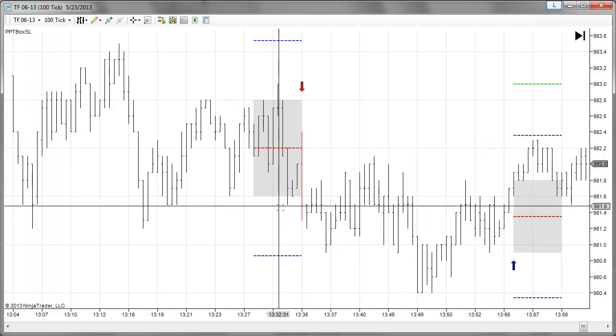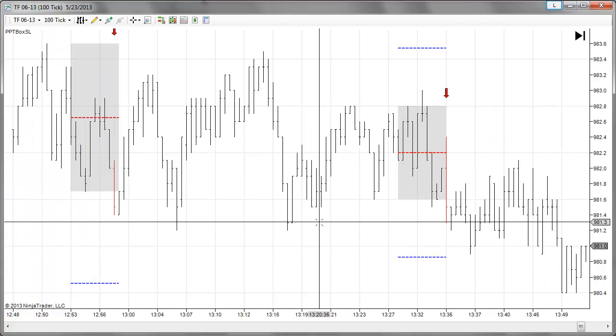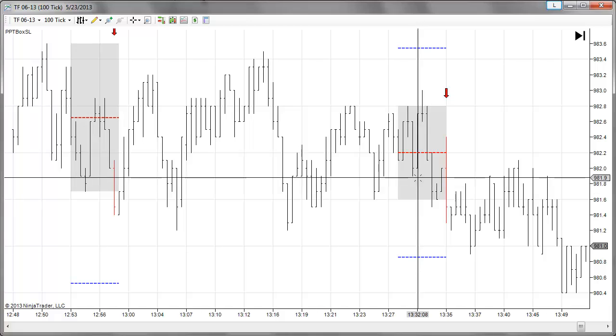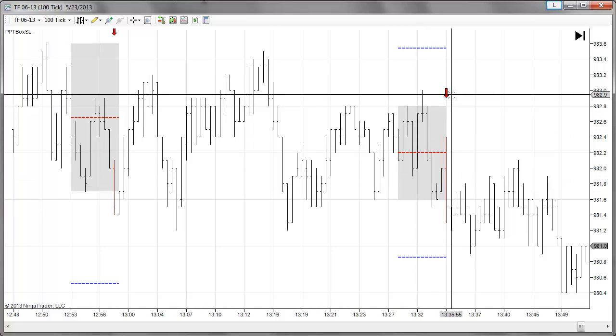So a couple of those things to really take into consideration. It's not complicated. I'll say this for the third time. We wait for a box. That's it. The box tells us there's a high probability situation forming, meaning a trade. Okay, and so the direction or the arrow tells us the greatest probability of direction.